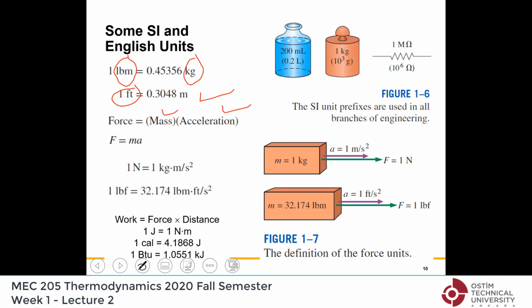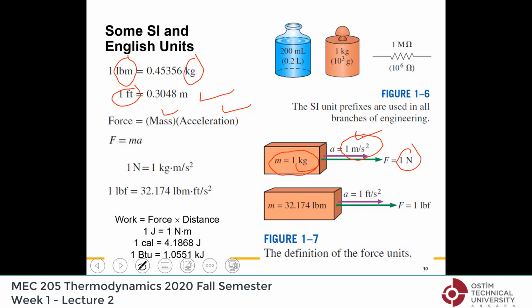Therefore, if you take a 1 kilogram mass, and you accelerate it by 1 meter per square second, the force needed is 1 Newton. So this is how we define Newton. So 1 Newton is the force needed to accelerate 1 kilogram of mass by 1 meter per second square.